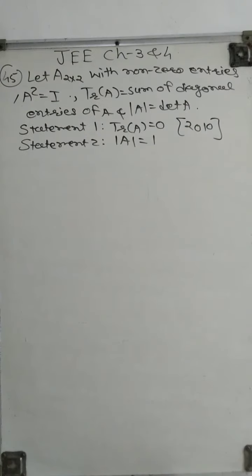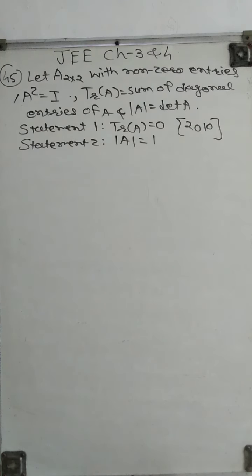Next, question 45. Let A be a 2 by 2 matrix with non-zero entries, and let A squared equal I, where I is the 2 by 2 identity matrix. Define Tr(A) as the sum of the diagonal entries of A, and det A as the determinant of A. Statement 1: Tr(A) equals 0.